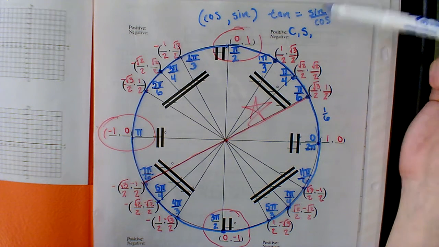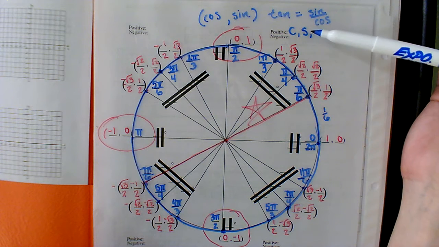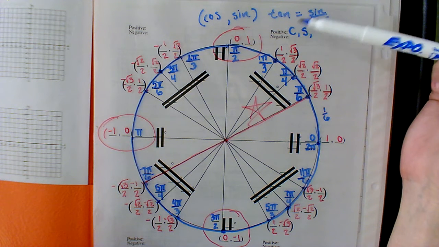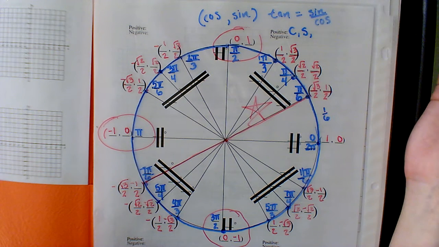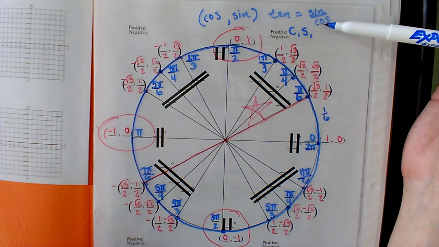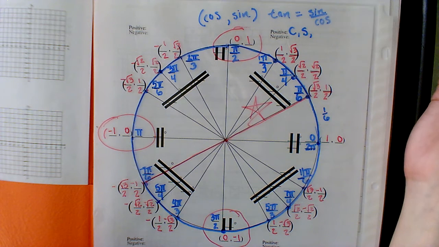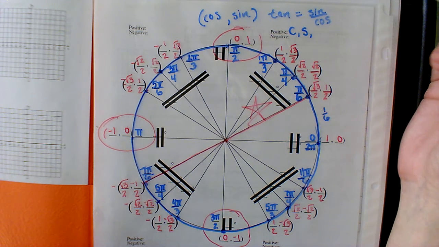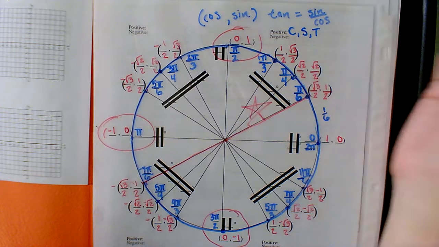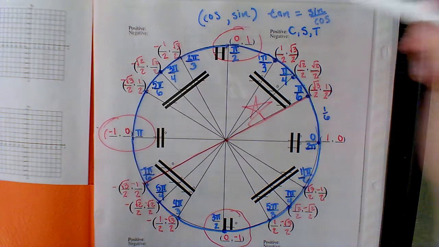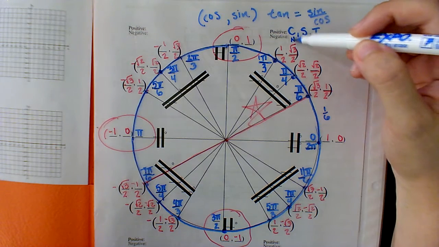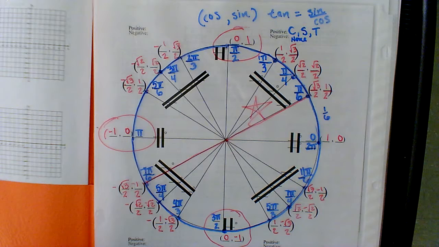Now tangent can be a little tricky because you have to do some division, but if you were to take a positive sine value divided by a positive cosine value, positive divided by positive would give you a positive, so tangent's positive as well. So actually all three trig functions are positive in the first quadrant. We don't have any negative ones.